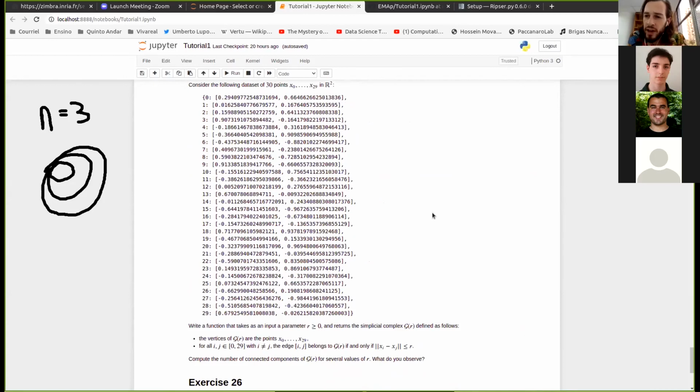I don't know what you call it, but I think it's usual in data analysis. You have points in Euclidean space and you select a parameter R. You compute the graph where an edge is present between two points if they are close, that is, if their distance is lower than R.